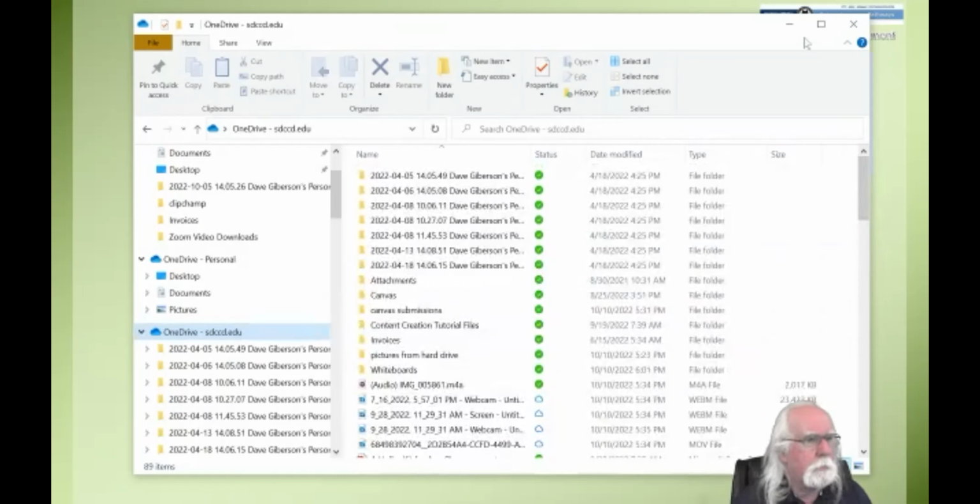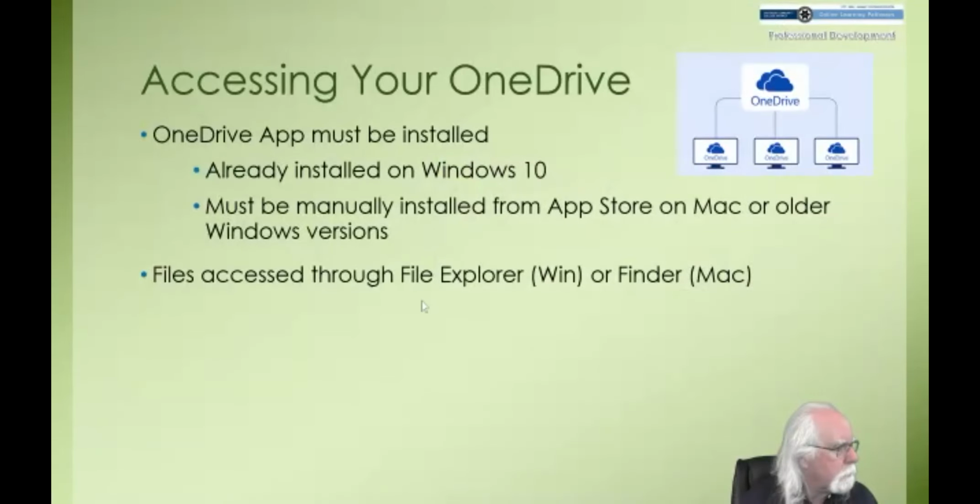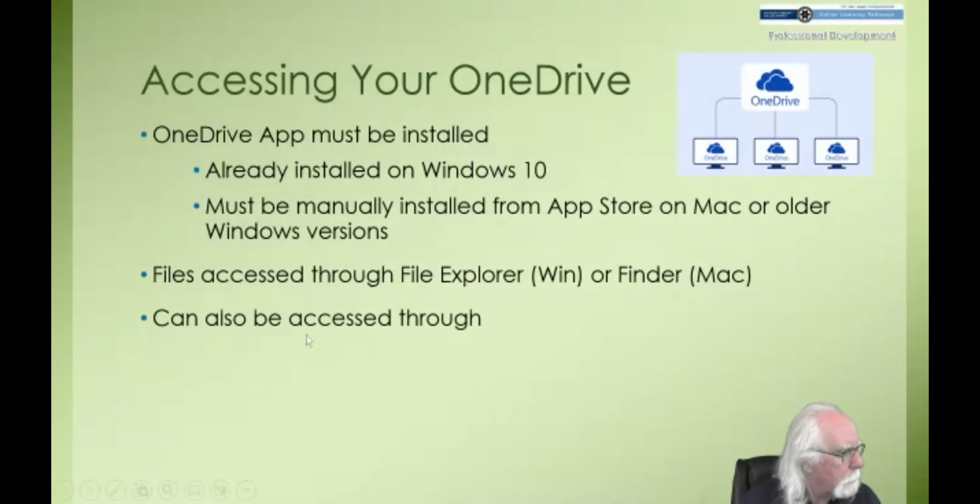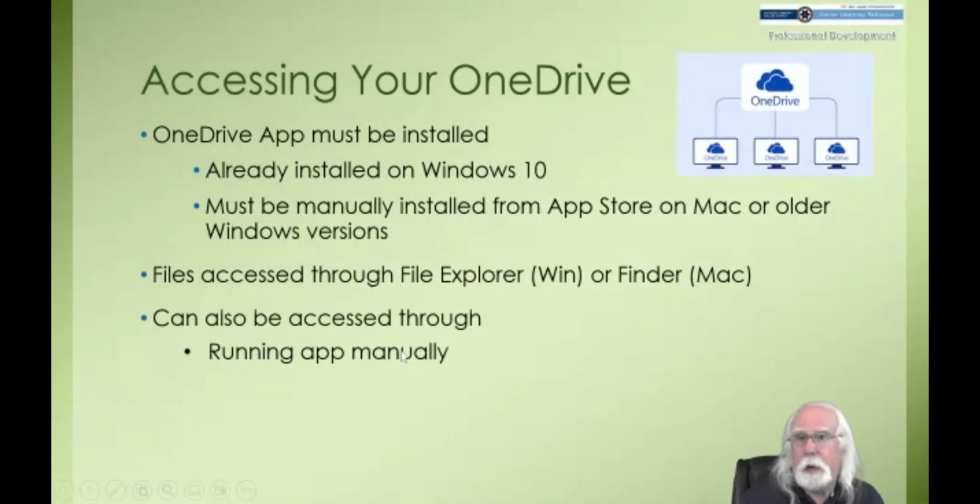Okay, so that's how we get into OneDrive through the file manager. You can also get to your OneDrive by running the app manually on a Windows PC. Let me share this screen with you.